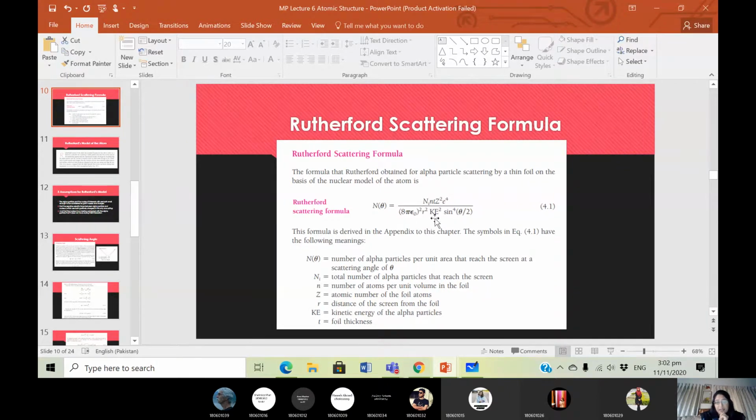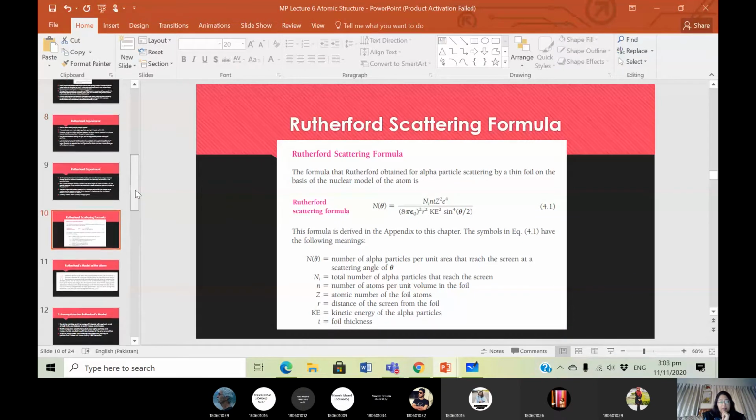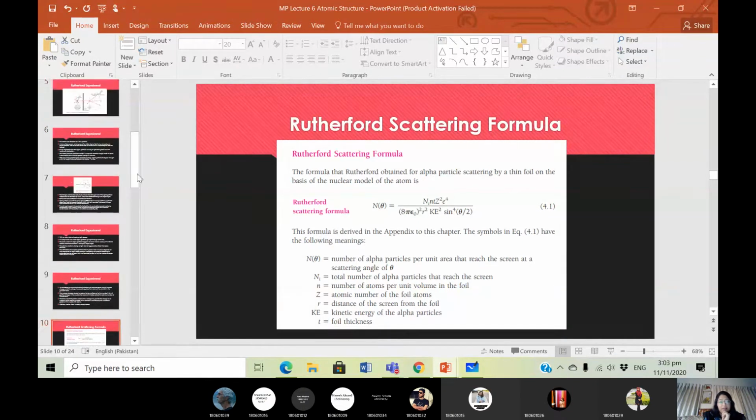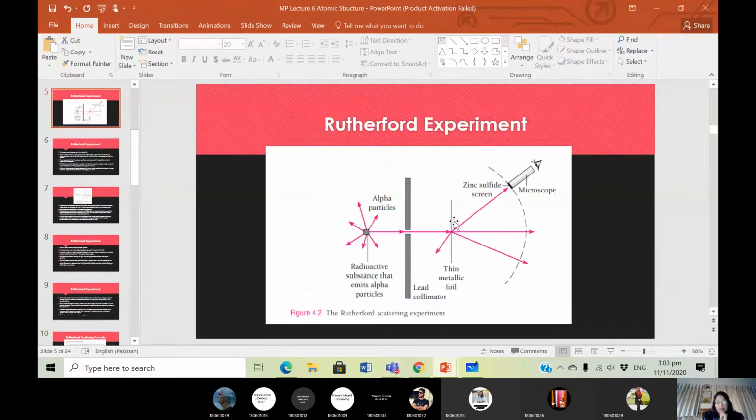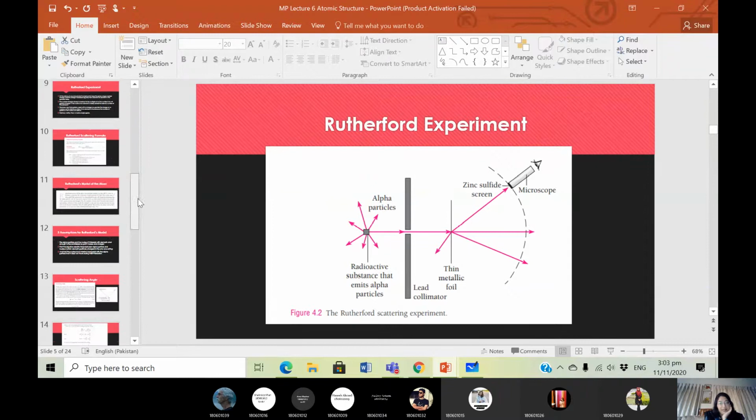Theta, as we know, is the scattering angle. KE here is the kinetic energy of the alpha particles. What is R here? R is the distance of the screen from the foil. So if we have an experiment like this, and this is a circular zinc sulfide screen, then R would be the radius of the circle, okay?